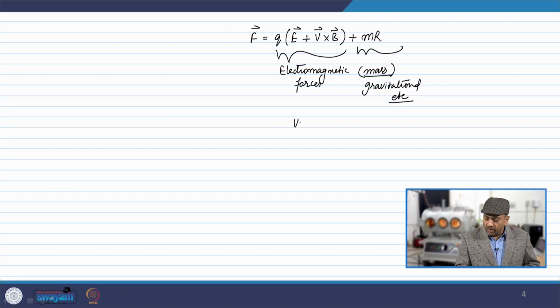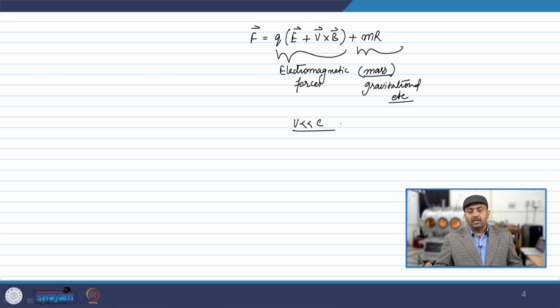This is the first step in understanding the behavior of plasma or the collective behavior of plasma. Right. So, all of this becomes valid only when the velocity is much less than c, which is referred to as the non-relativistic case.